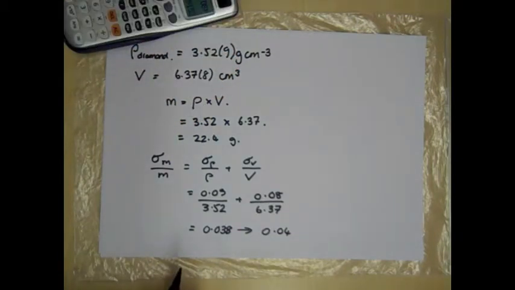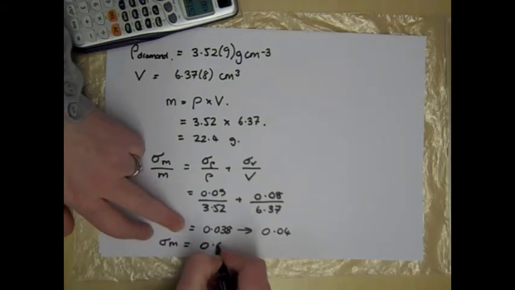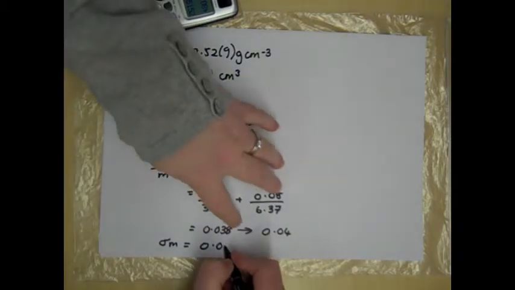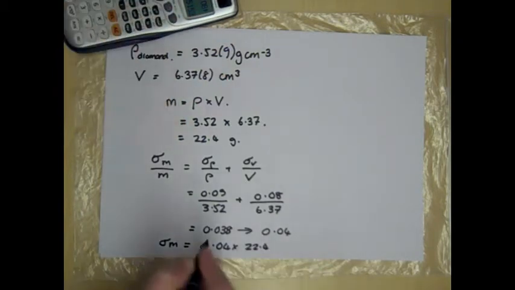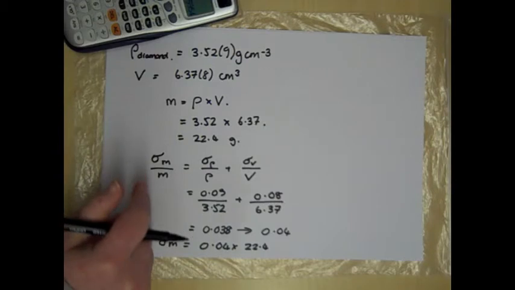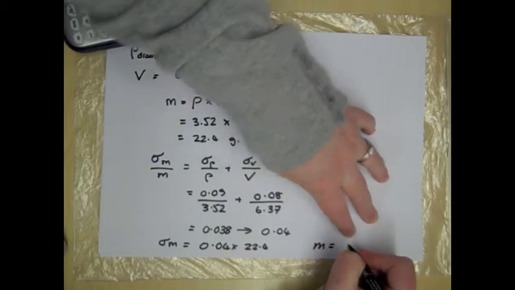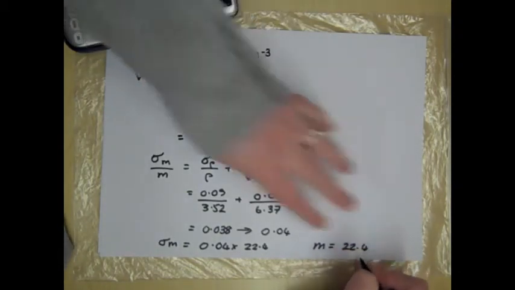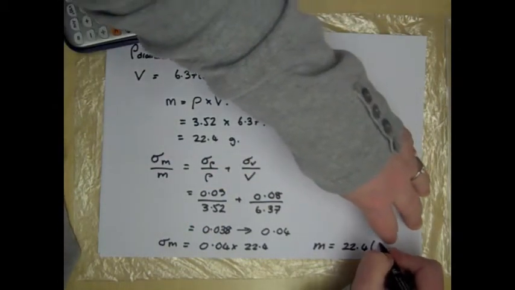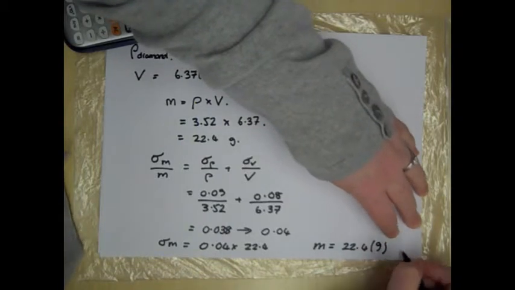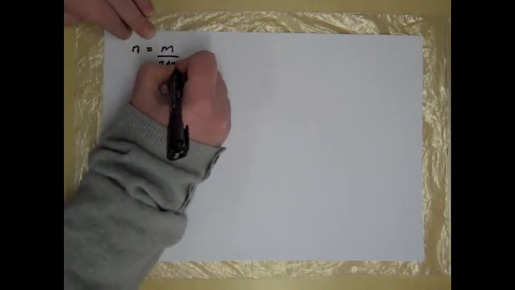And my uncertainty of my mass is equal to 0.04 multiplied by the mass that I had, 22.4, which gives me a mass of 22.4, and then if I calculate this, I end up with an uncertainty of 9 grams. Moles is equal to mass over my, in this case, relative atomic mass.